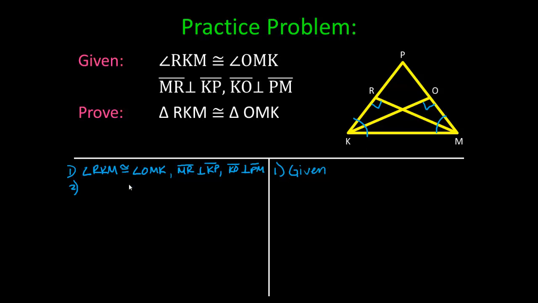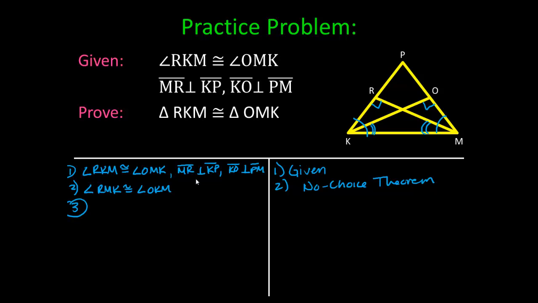You could say that angle RMK is congruent to angle OKM, by the no-choice theorem, because we have two angles of each of these already.